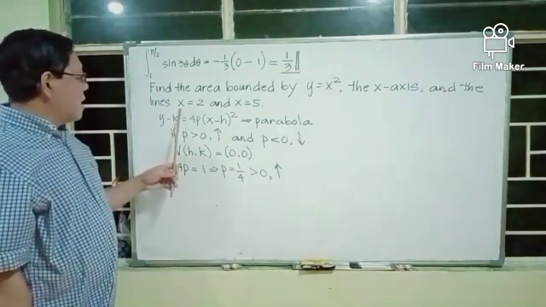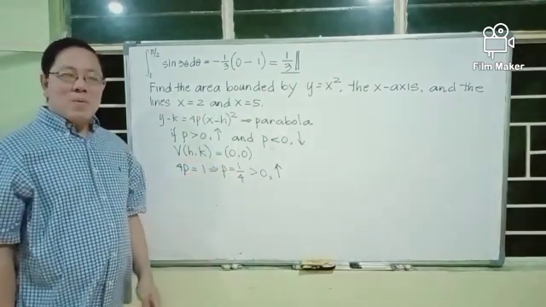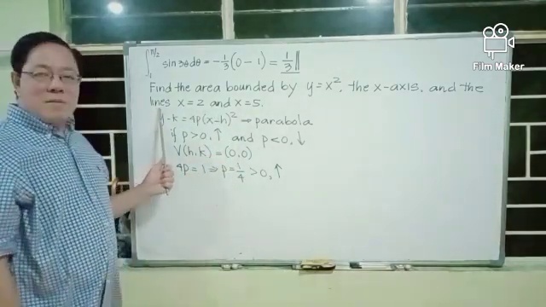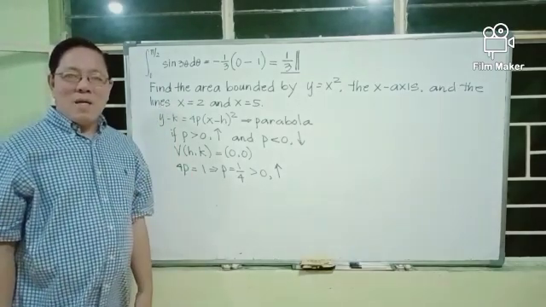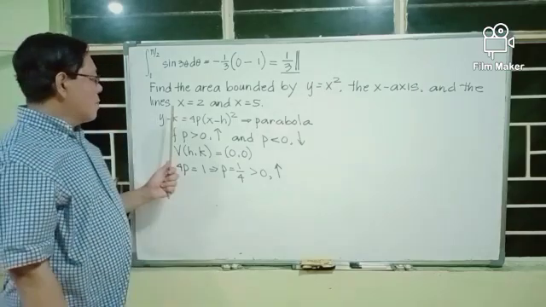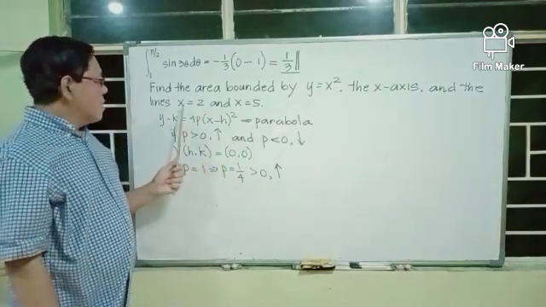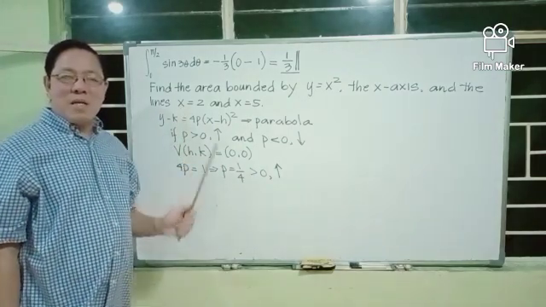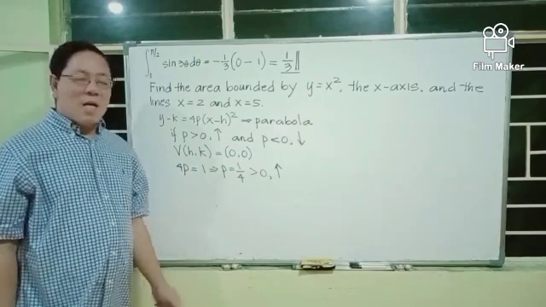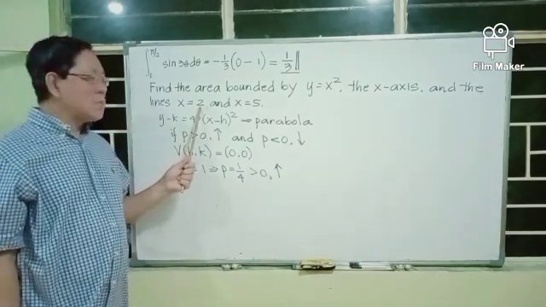Now, these equations, x equals 2 and x equals 5, are already given as lines. In particular, these are vertical lines parallel with the y-axis. This equation x equals 2 is a vertical line parallel with the y-axis and will pass through the x-axis at the point x equals 2.